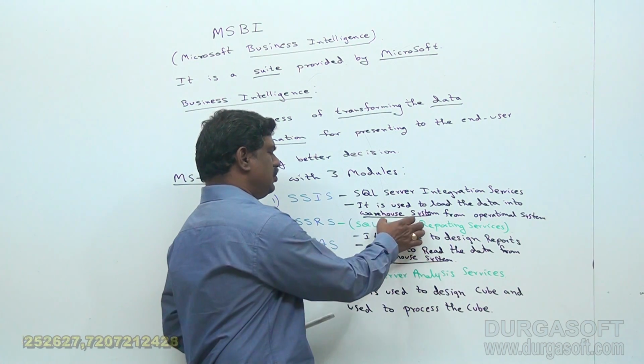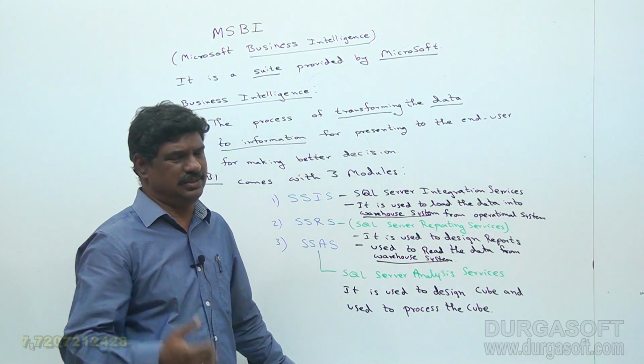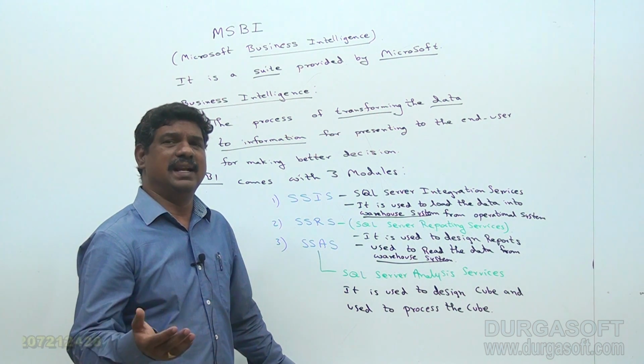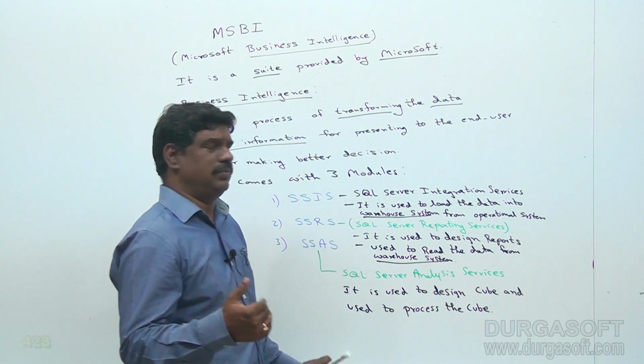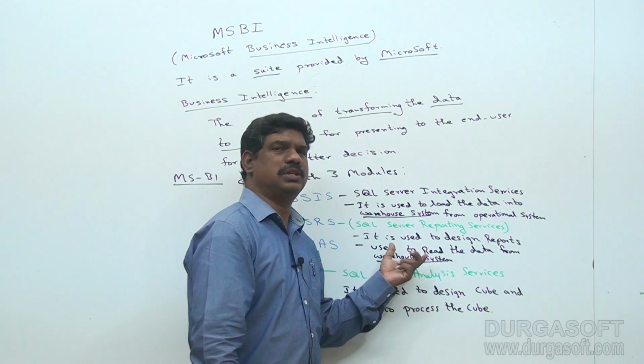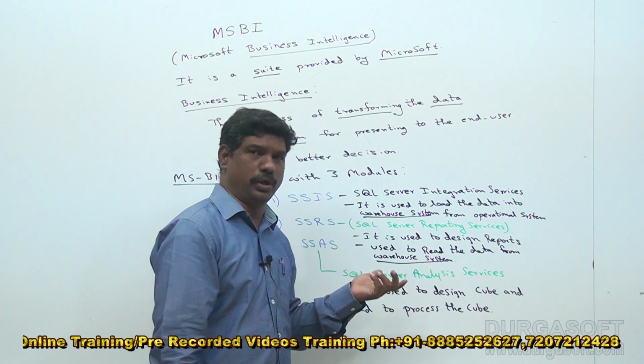Now these warehouse systems are generally databases, like an RDBMS, but at the same time they follow certain rules and regulations, like we say it is in the form of a dimensional model.